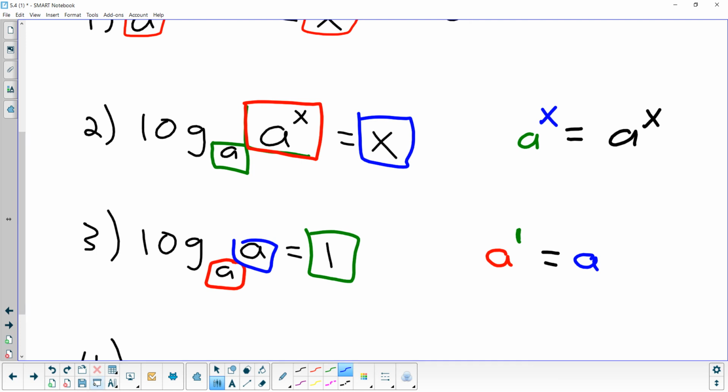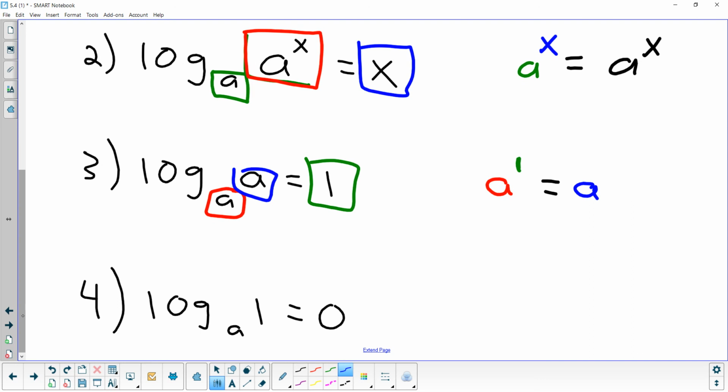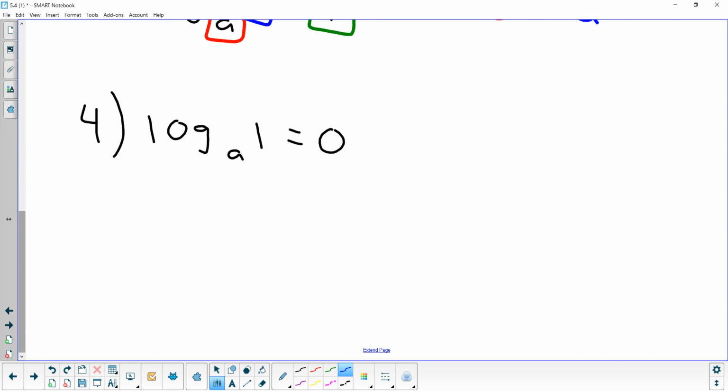Let's look at this one. Log base A of 1 equals 0. They're all different here, so I don't really need colors. If we change this to exponential, what's my base? A. What would be my exponent? 0. And the argument in this case is what? 1.